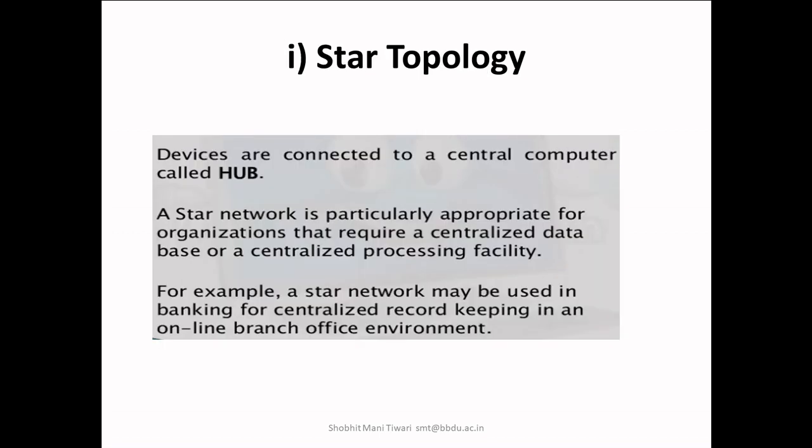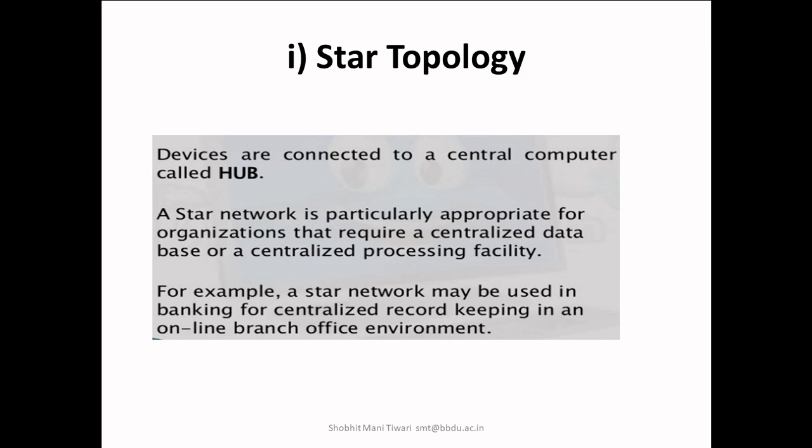First is star topology. A few basic points are mentioned here, and we will learn them one by one. First, devices are connected to a central computing device or central computer known as a hub. Second, a star network is particularly appropriate for organizations that require a centralized database or centralized processing facility.